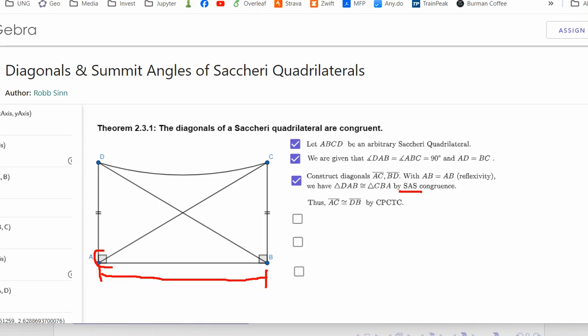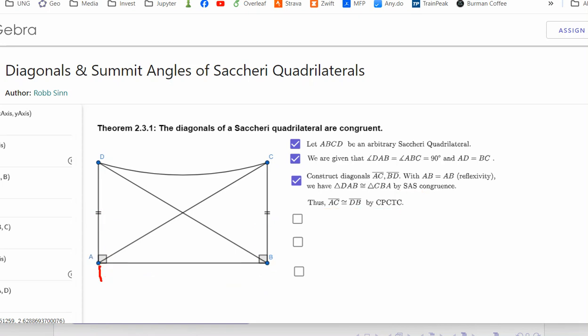Because I'm using AB, I'm using the two angles are congruent, and then I'm using that the legs are congruent in a Saccheri quadrilateral. Okay, and then what do we get? Well, because we have congruent triangles, we can use congruent parts of congruent triangles are congruent, and therefore we get the diagonals congruent like we were hoping to.